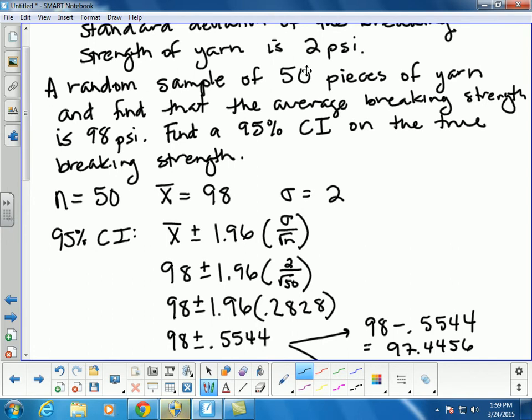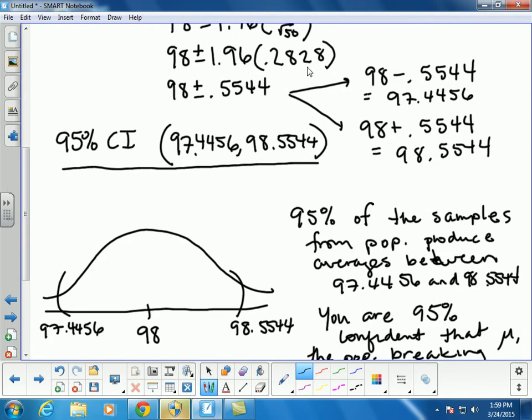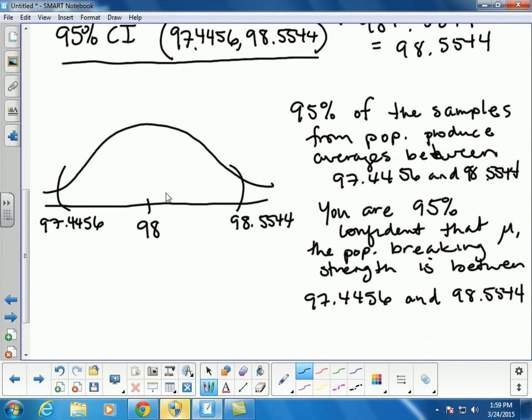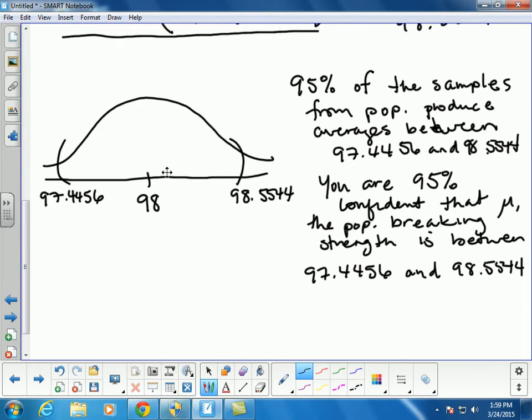One sample of 50 produced a confidence interval so that you can say the population mean is bounded between two numbers, because my sample was a strong sample, and the central limit theorem says that we can make an inference on our population based on our sample, as long as the sample was good. That's why we talk so much about simple random samples.